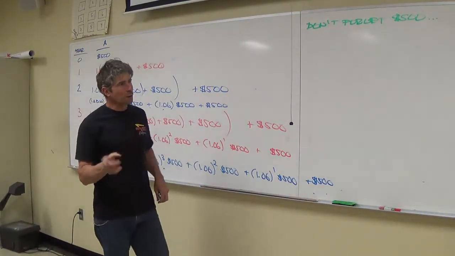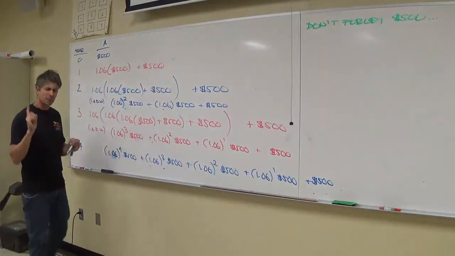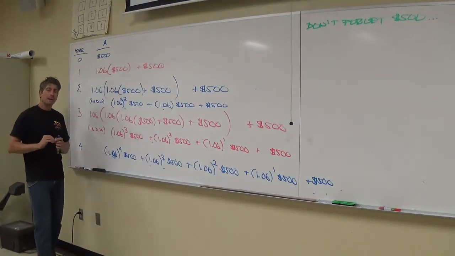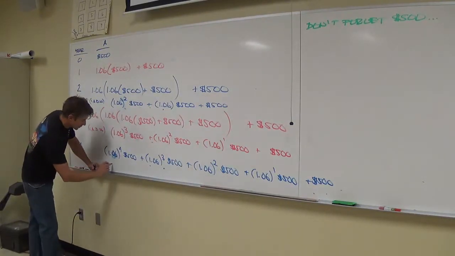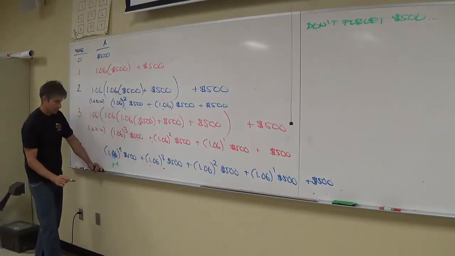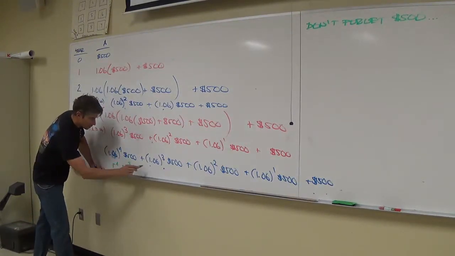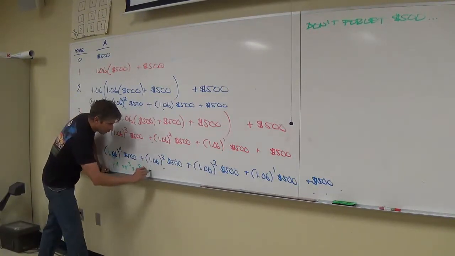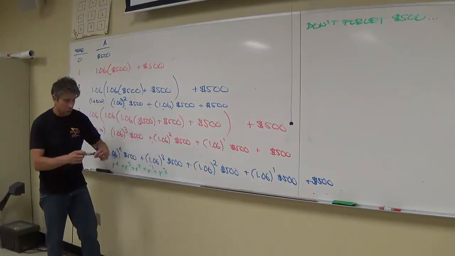I'm thinking that we weren't going to do that, but if I call it something else, you can use it in more cases than just this one. Let's generalize. So I'm going to call this 1.06 just the variable R for interest rate applied. So if I look at that, this is really R to the 4th, forget the 500 for now, plus R cubed, plus R squared, plus R to the 1st, plus R to the 0.